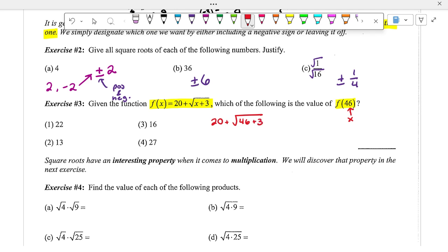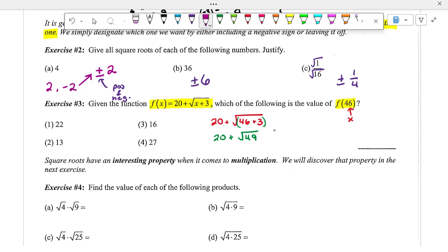Now, in this case, if we were doing order of operations, what's under the square root is currently acting as parentheses. So we can imagine that there's parentheses under here. So what's 46 plus 3? 49. So I have 20 plus the square root of 49.